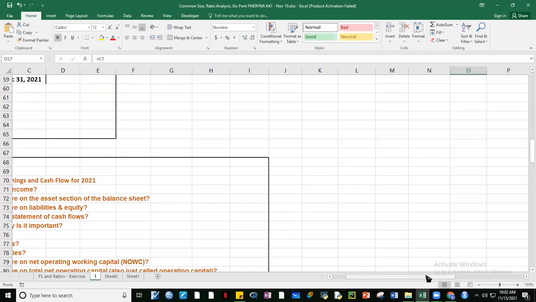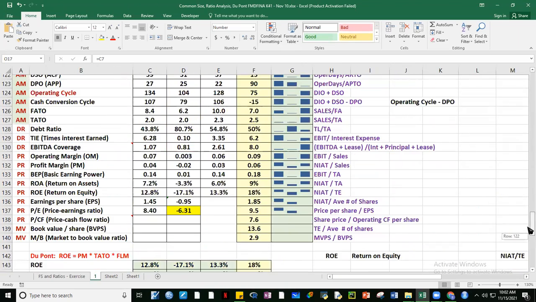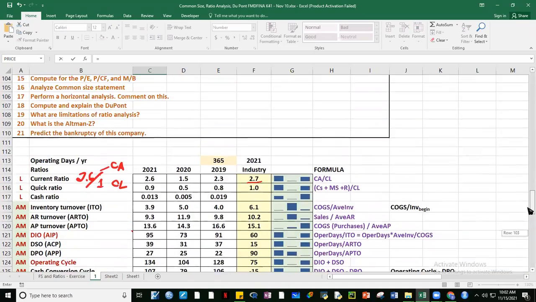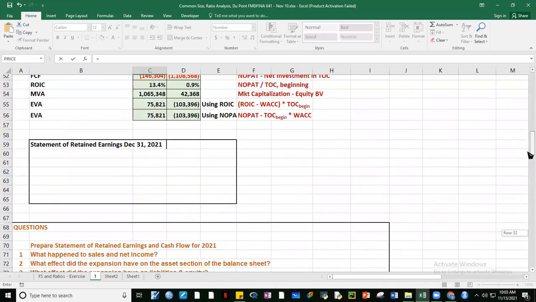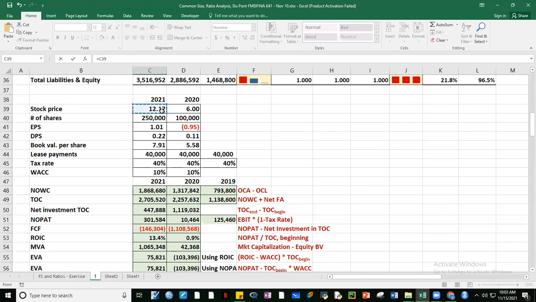So let's do that. So this is equal to price, our stock price, divided by the sum.